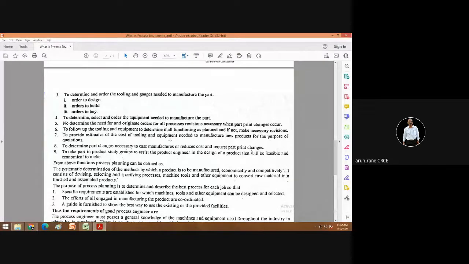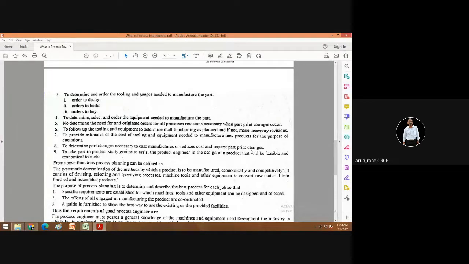So all these he has to determine, and accordingly the part has to change, but the process engineer, let me tell you, is not authorized to change the part design. He has to simply give a note or input to the product engineer: these are my suggestions, see whether they can be incorporated. Then if possible the product engineer makes those changes.